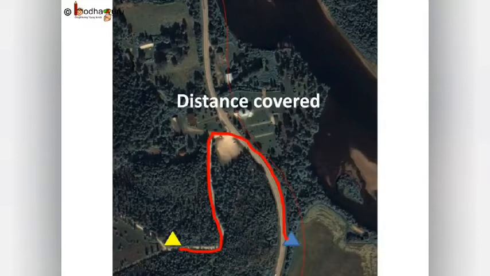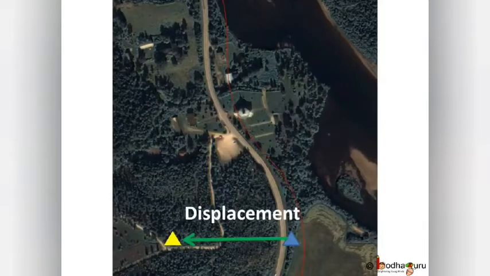So distance is the length of the path traveled by the object. Displacement-wise, your displacement may be just around 1 kilometer. So displacement is the measure of the straight line between the starting and the ending point. It has nothing to do with which path you followed.